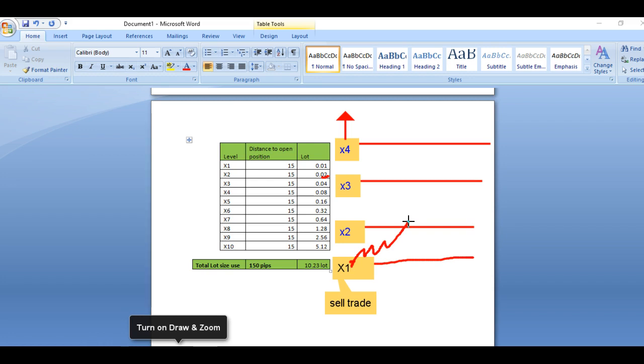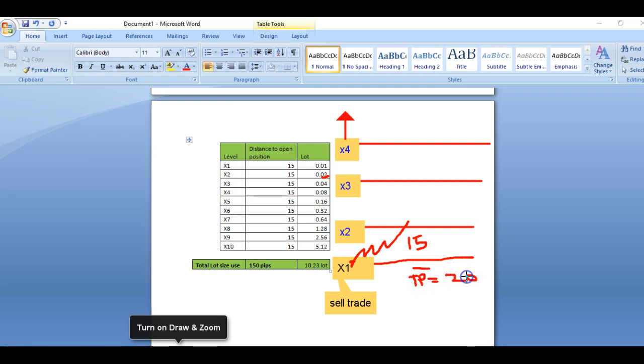So the next portion here is where is your TP? Is there any TP implemented after that? Yes, on your x1 there is no TP implemented and no SL. The moment it reaches x2, which is a losing trade, it will implement the TP over here. Let's say your distance is 15 pips, so this is 15 pips here, and your TP you should put at 20, equivalent to 20 pips.